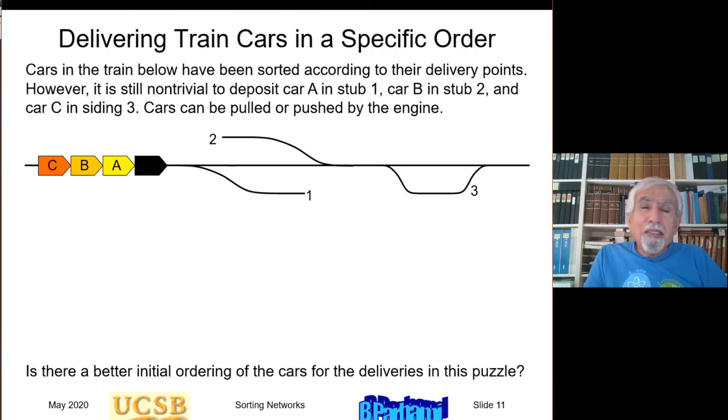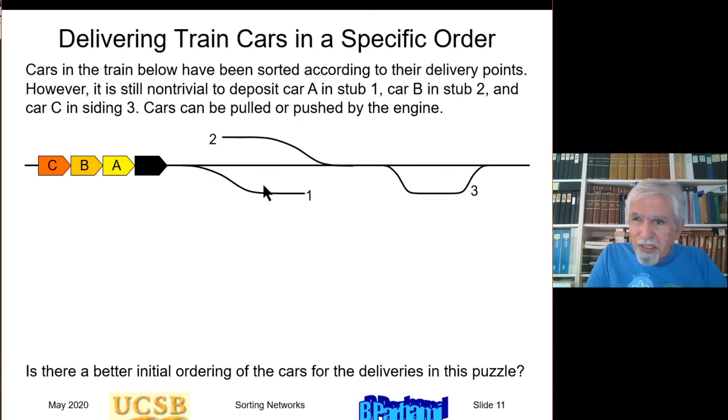Okay, one of the things that we need to do, especially with freight trains, is to deliver the cars to various destinations. So typically modern freight train cars have containers on them. So in order to basically simplify the shipping, a complete container is put on one of these cars, and that container must be delivered to, in this case, we have 3 destinations.